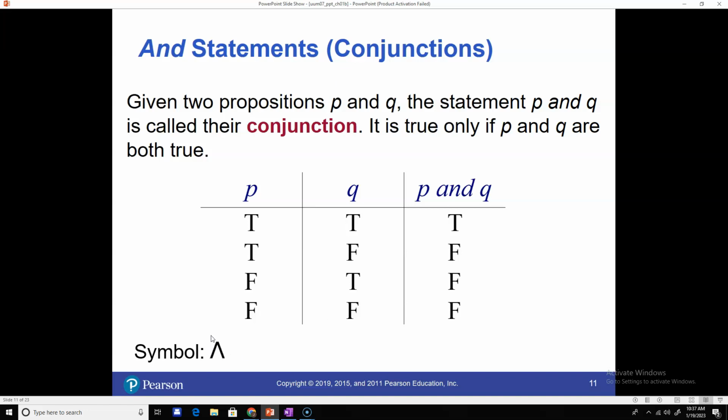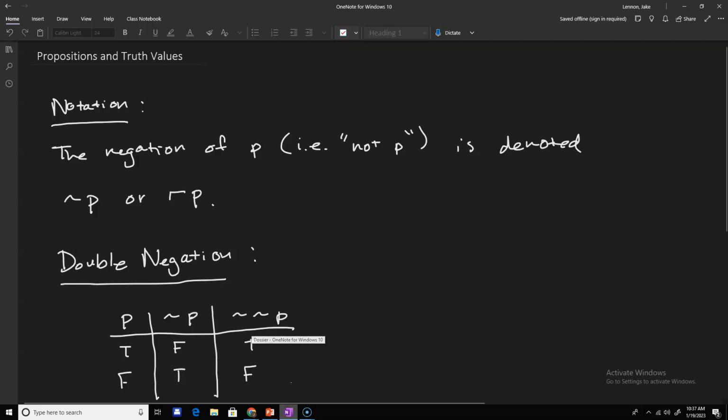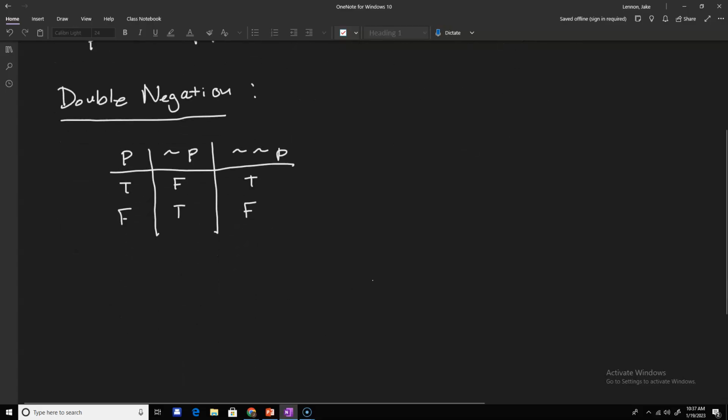The notation for the and and or are as follows. More notation.